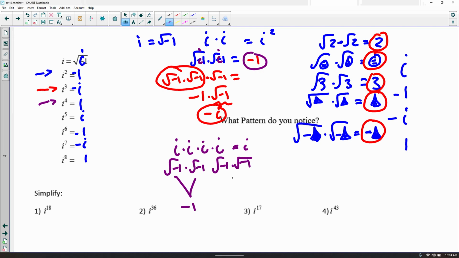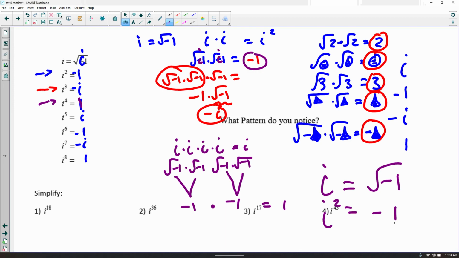That's what? i. So what's negative 1 times negative 1? Multiply, hun. Multiply. Gives you 1. i is equal to the square root of negative 1. i squared is equal to negative 1.